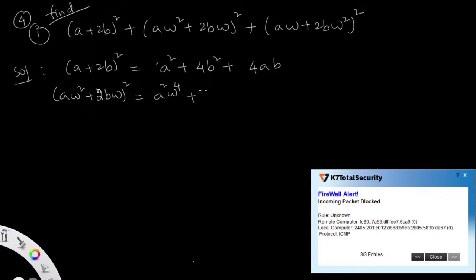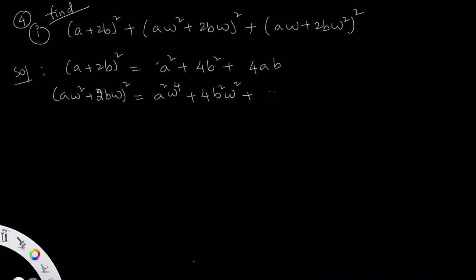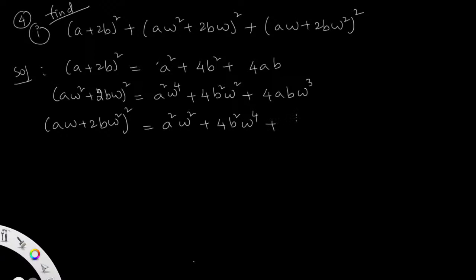Similarly, a omega square plus 2b omega whole square is written as a square omega power 4 plus 4b square omega square plus 4ab omega cube. The next, third term is given: a omega plus 2b omega square whole square. So that is a square omega square plus 4b square omega power 4 plus 4ab omega cube.